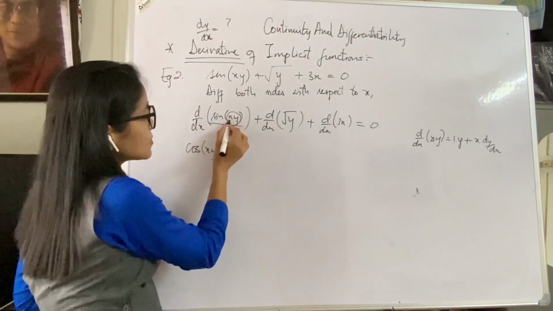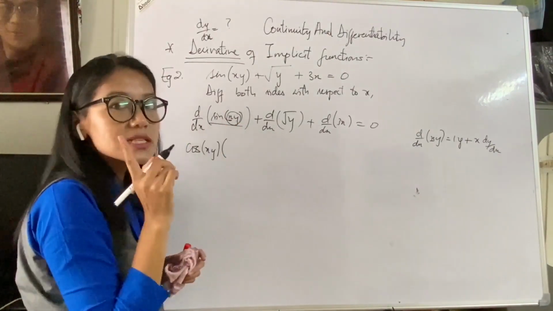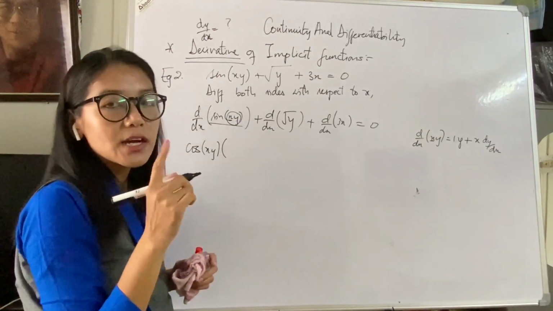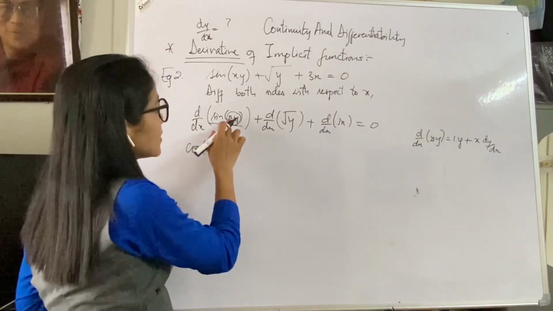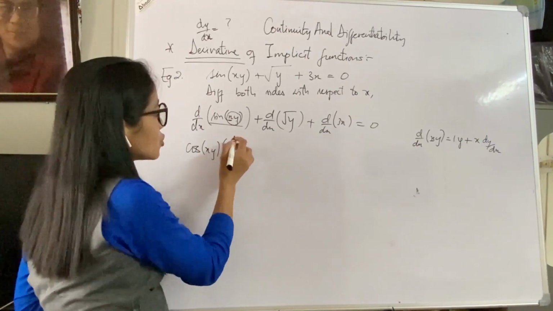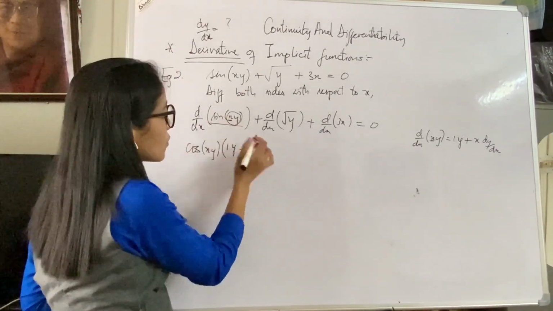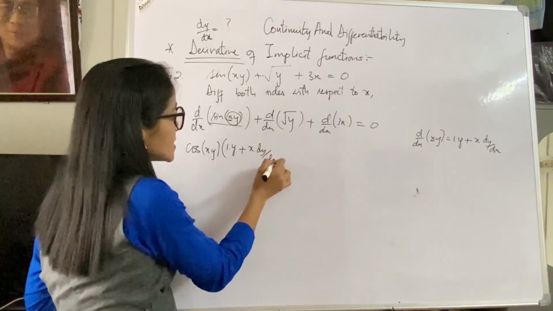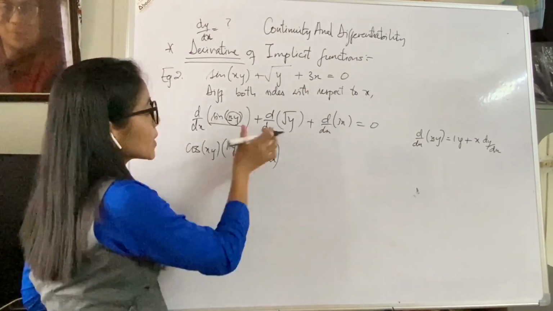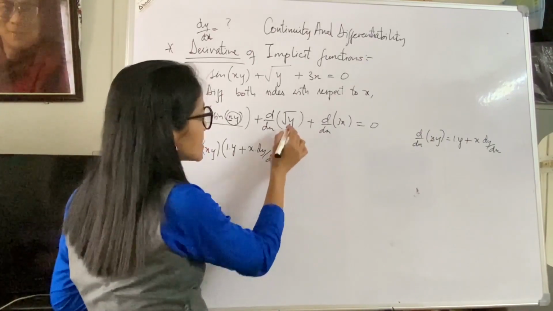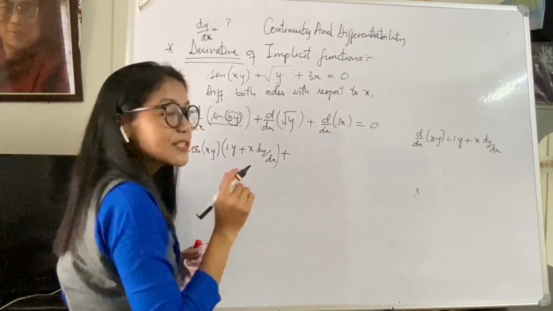Since we are finding the derivative with respect to x, the derivative of x is 1. So derivative of x is 1 into y as it is, plus x as it is into derivative of y, which is dy by dx. Now that's it. Now you come to the second function. What is the derivative of root x?